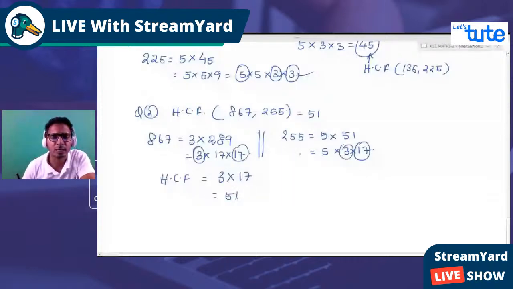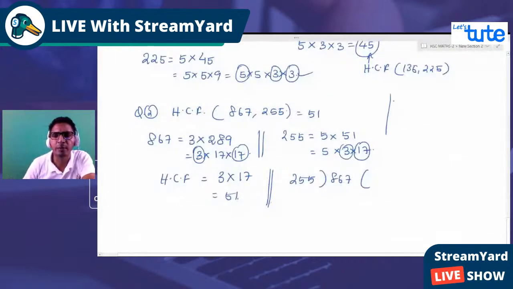Let us try to find this using Euclid's lemma. We have to divide 867 by 255 to get the basic relation. 255 multiplied by 3: 3 5s are 15, plus 1 is 16, 3 2s are 6, plus 1 is 7.